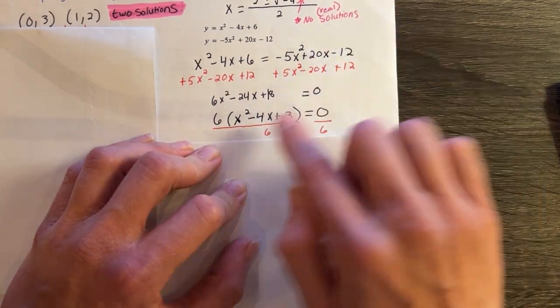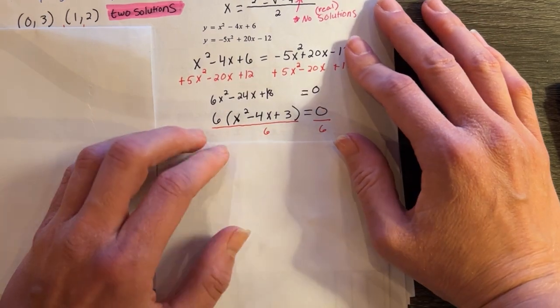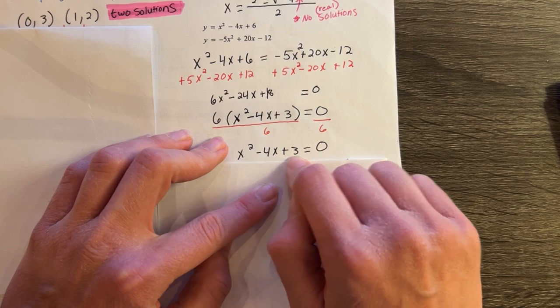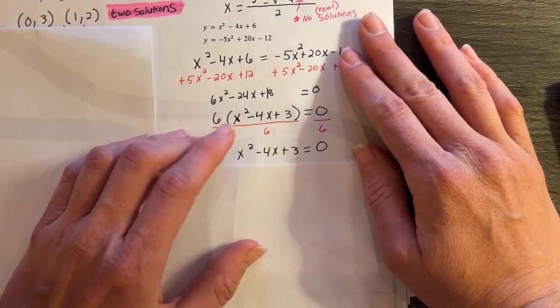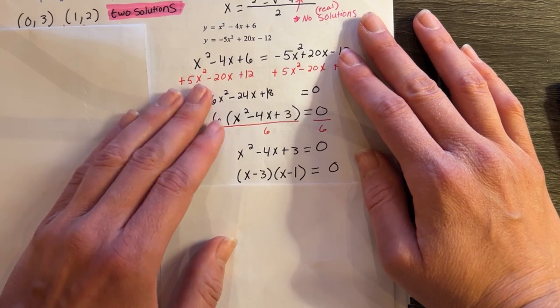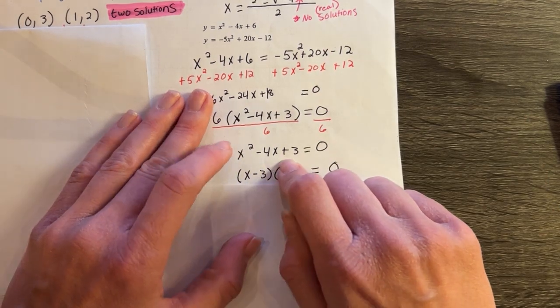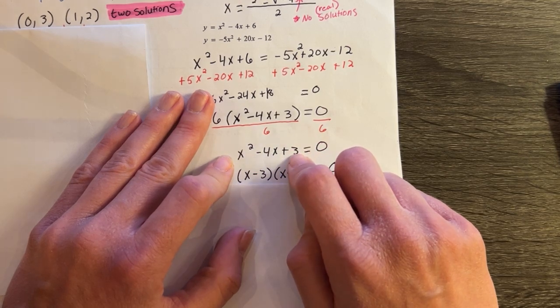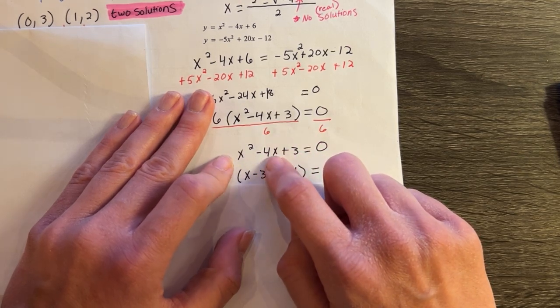So then I can go ahead and divide both sides by 6, and that leaves me with x squared minus 4x plus 3 is equal to 0. And in this instance, I need to think about what I can multiply together to get 3, and then what would add together to get negative 4x.